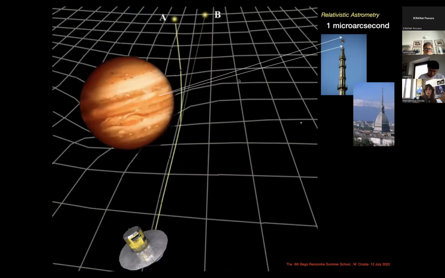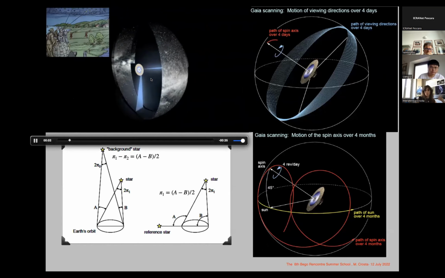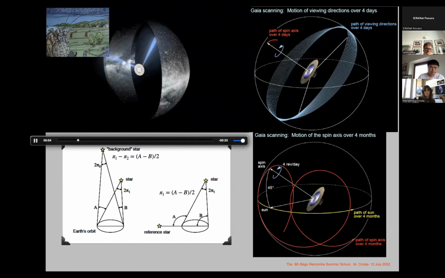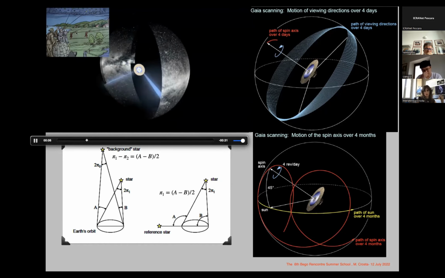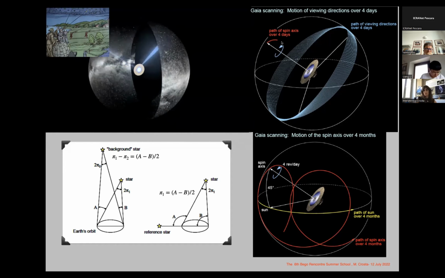Just to give you an idea, 1 microarcsecond could be compared to the size of a star on the tip of the Moon as seen by Jupiter. And Gaia is continually scanning, so it is measuring angles as in past times. Here you see a sketch of how the scanning works, the scanning law of Gaia.